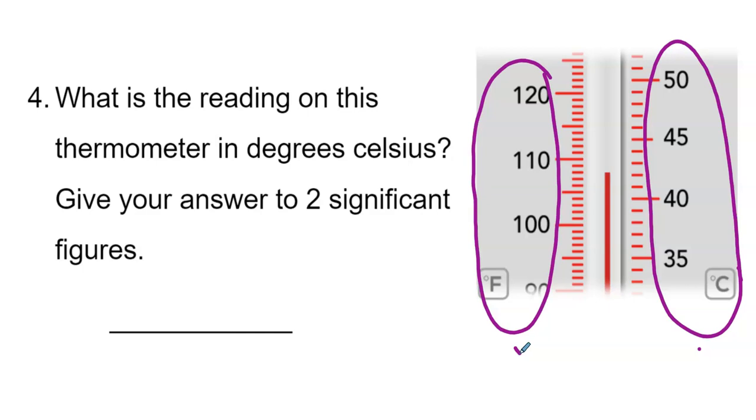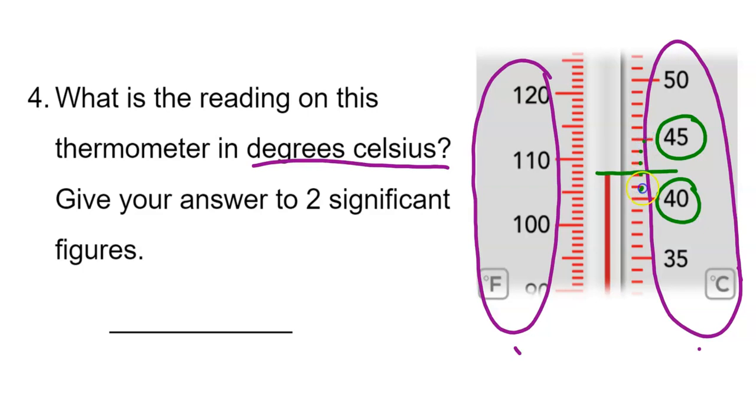So we're asked to record in degrees Celsius. We want to look at the right side, and we're just going to go up until the mercury stops. Or actually, they're generally alcohol now. And then we need to look and see how far apart each of our graduation marks is. So we have somewhere between 40 and 45, but we need to make sure that each of these markings is in fact 1 degree Celsius.